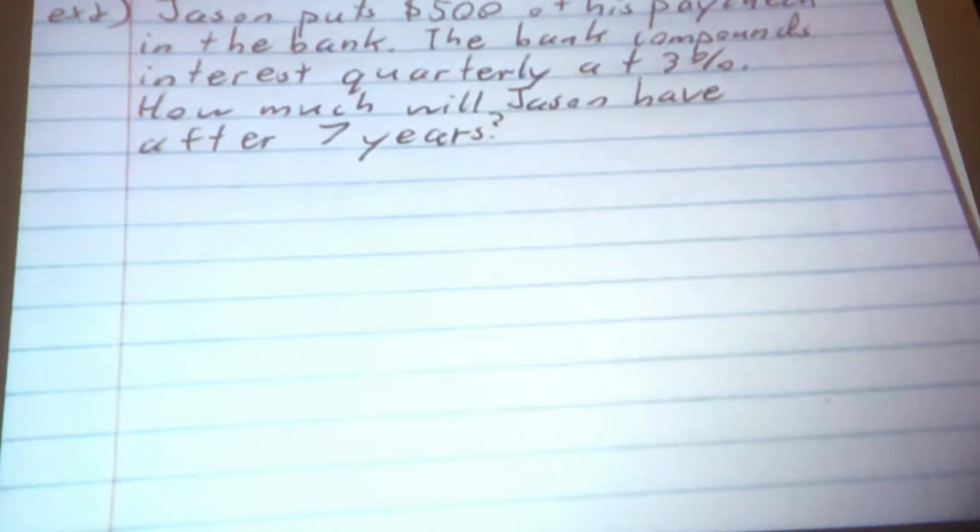The bank compounds interest quarterly at 3%. How much will Jason have after 7 years?